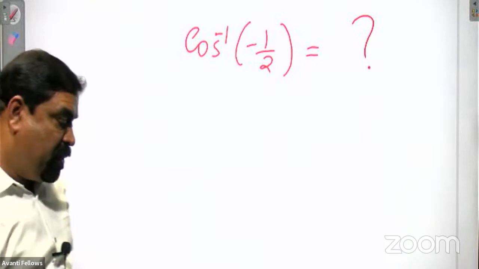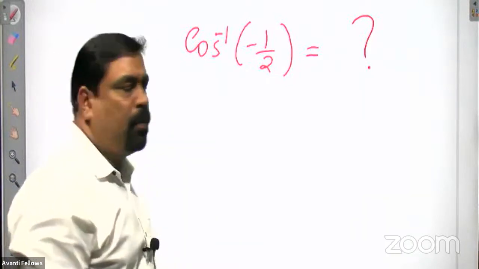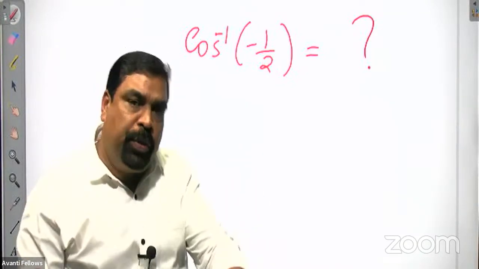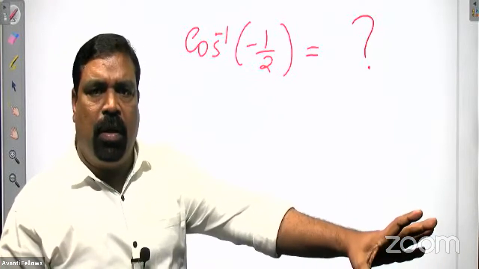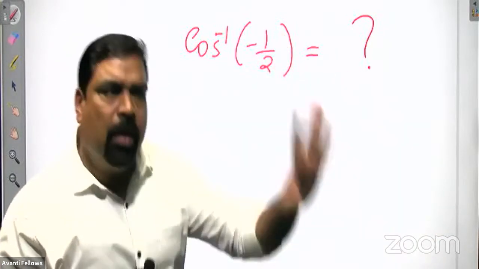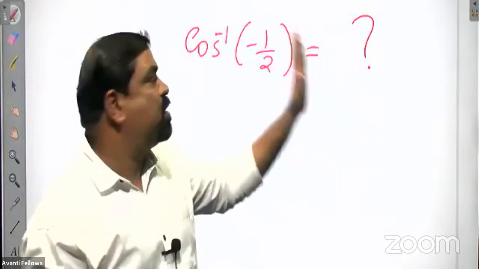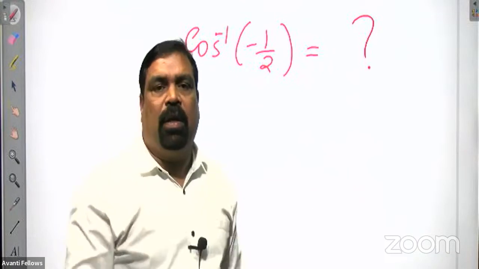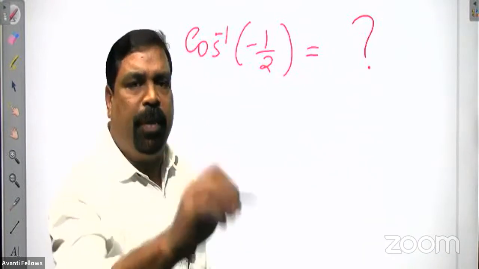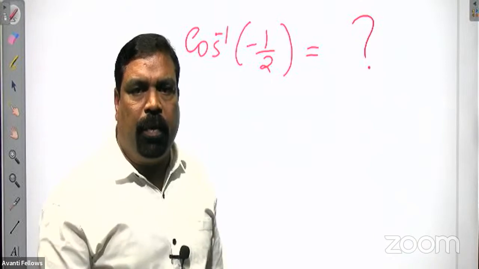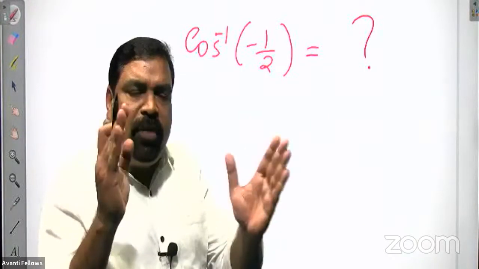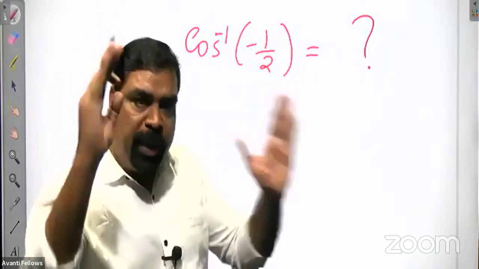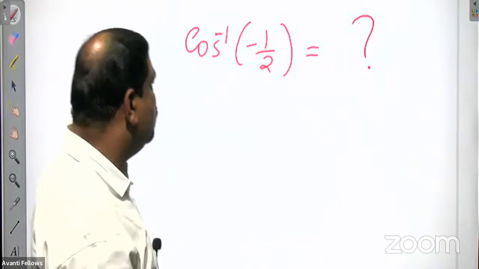That means we have to find some x such that cos x equal to minus 1 by 2, and that x must belong to the principal value branch of cos inverse, that is the closed interval 0 to 2 pi. Sorry, 0 to pi. So how to get it?